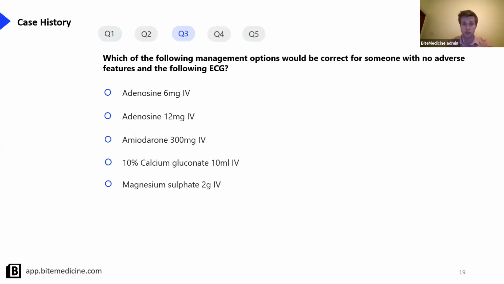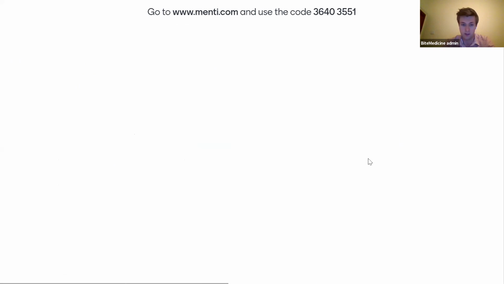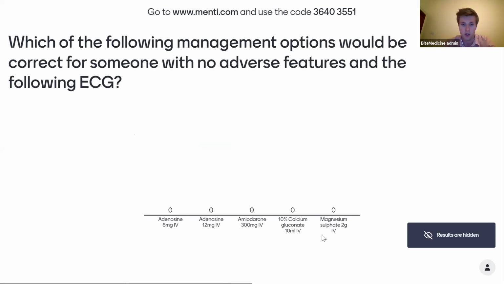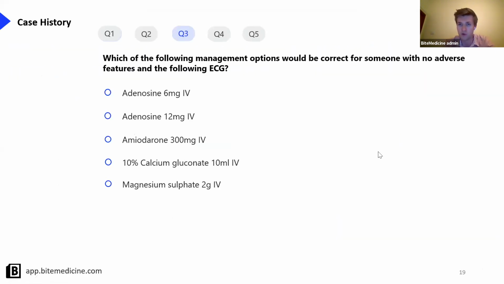So another question, this time slightly different. So we'll just set up the next question on Menti. So the question here is, which of the following management options would be correct for someone with no adverse features and the following ECG?